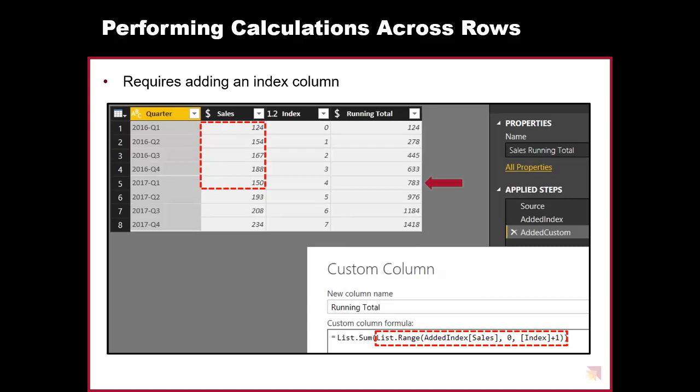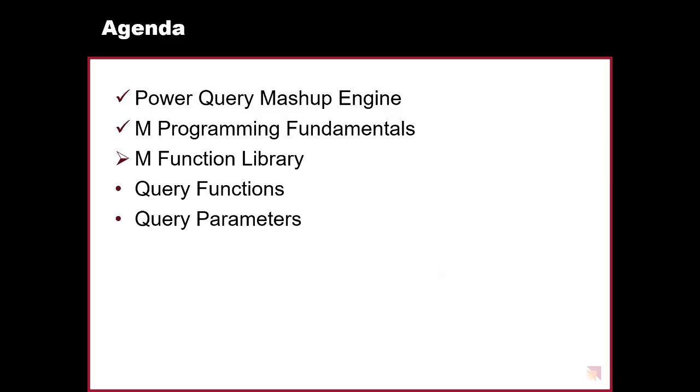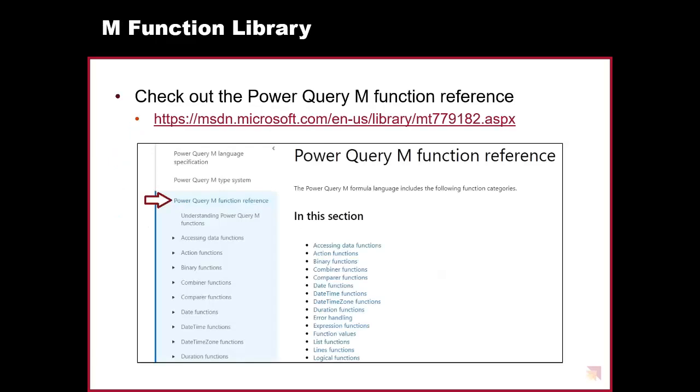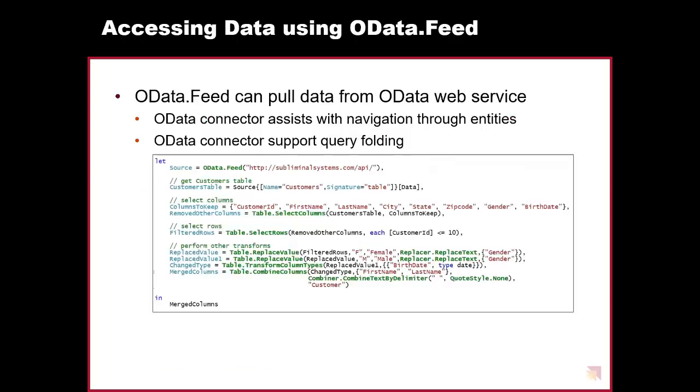Notice that because my index started at 0, I have to say plus 1. Now we'll just do a sum. List.Sum says I have a list of integers, so let's sum that up, and that's how we get those sum values. Okay. As you start working with M, you'll realize that there are quite a few library functions that we can use.